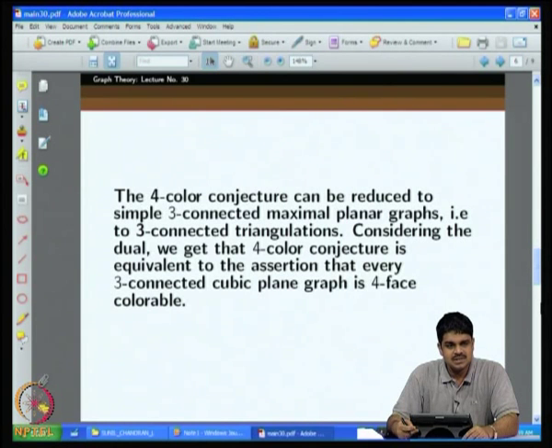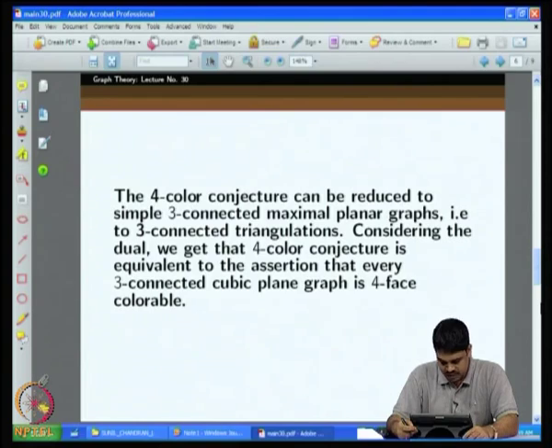It is easy to see that asking whether all planar graphs can be colored using 4 colors is equivalent to asking whether triangulations, that means the maximal planar graphs, can be colored using 4 colors. It is also not very difficult to get rid of the cases where the connectivity is 2 or 1.